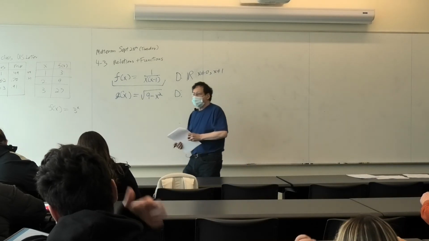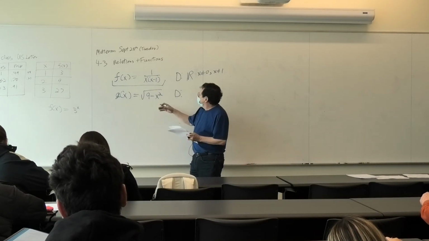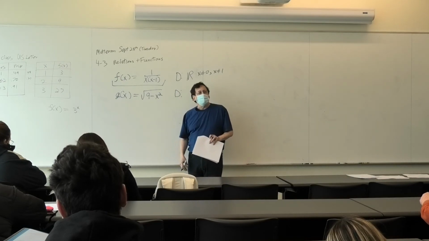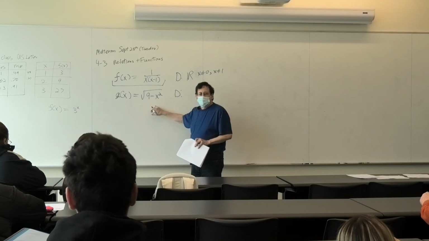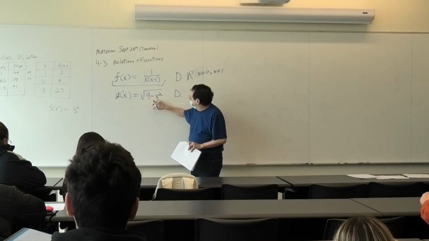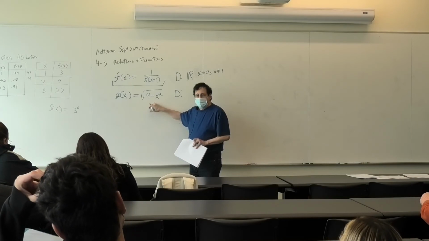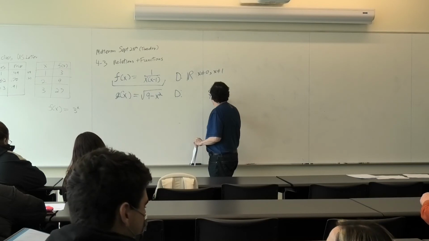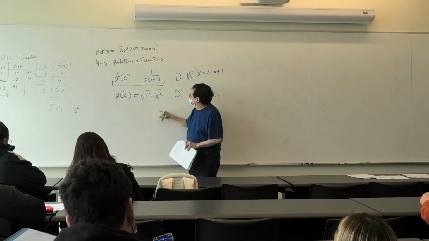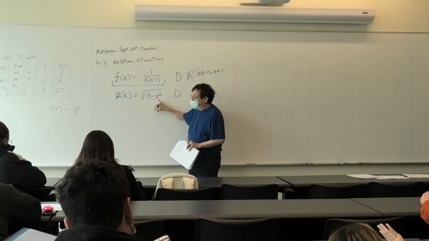Nobody? I mean, how about guess and check, right? How about 0? 9 minus 0 squared is 9, square root of 9. Oh, yeah, okay. So 0 works. 1: 9 minus 1 is 8, square root of 8.